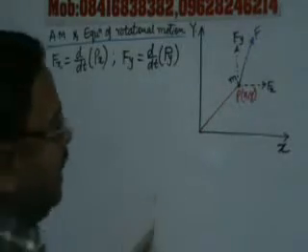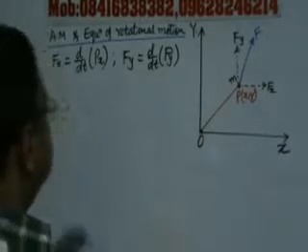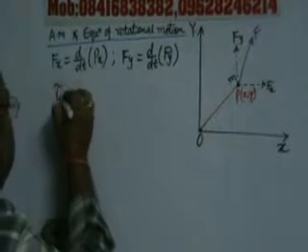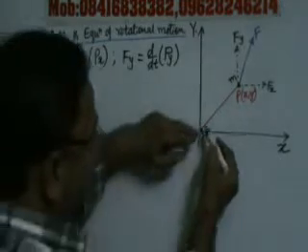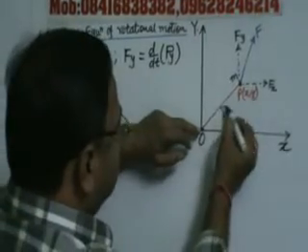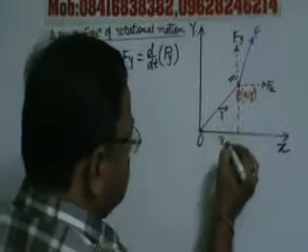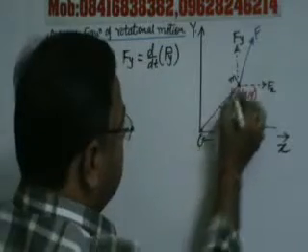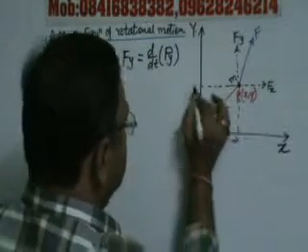So what is the net torque about this point O? If we calculate tau O, see, this is the arm vector r. Of course it has coordinates x and y, so this length will be x and this length will be y.